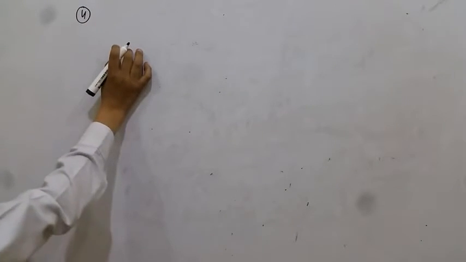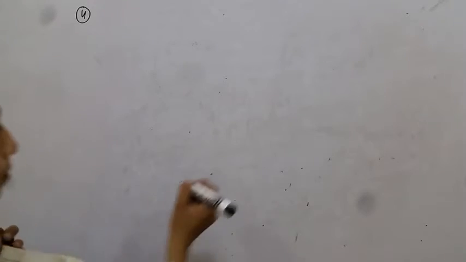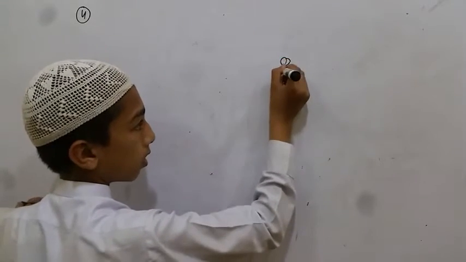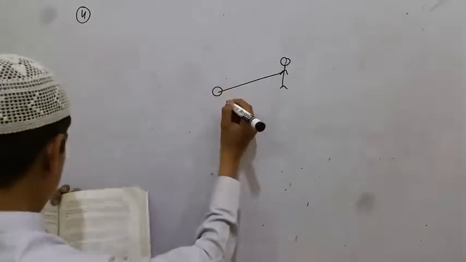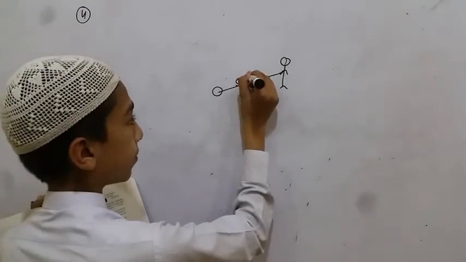The fourth numerical problem is a man pulls a trolley through a distance of 50 meters. This distance is 50 meters.